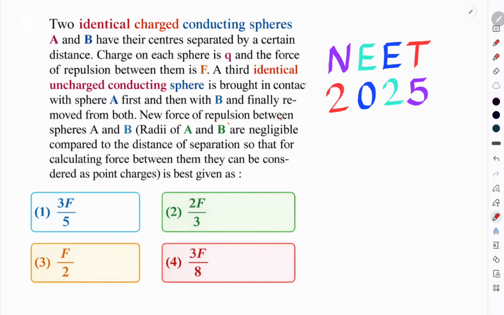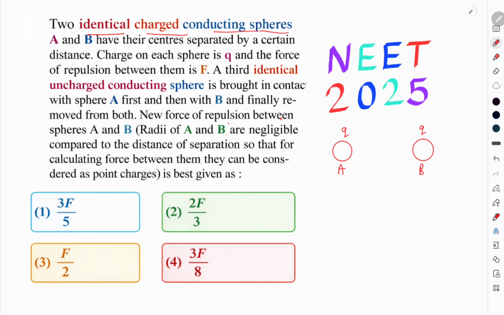So we are going to find out the new force of repulsion between A and B. According to the question, A and B are identical charge conducting spheres. Let this be the sphere A and this be the sphere B, and they have charges small q.